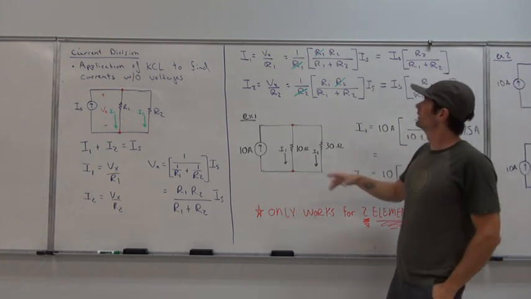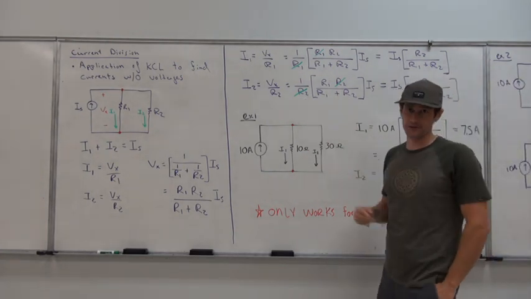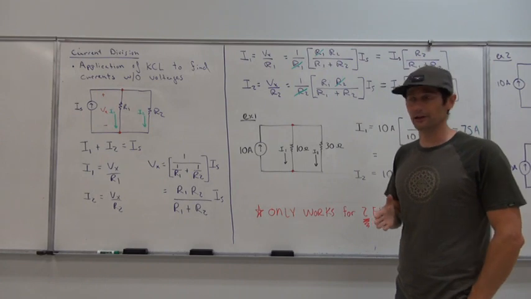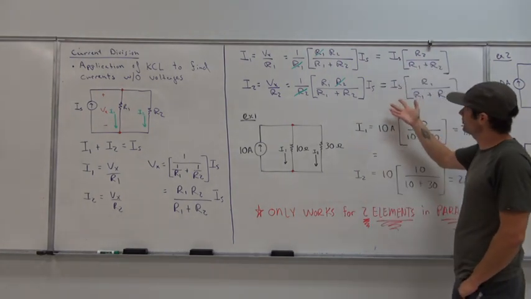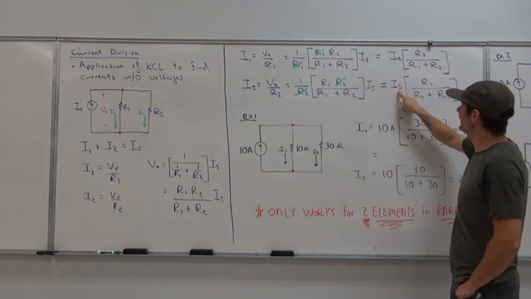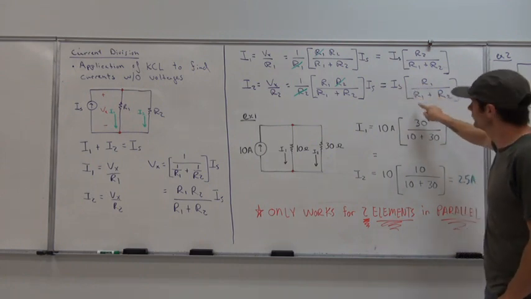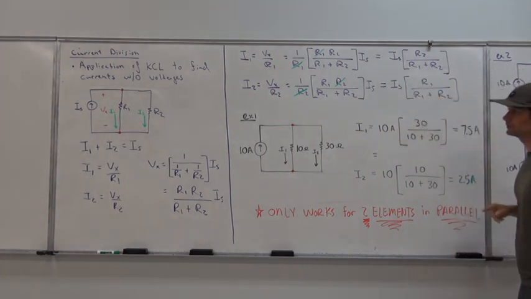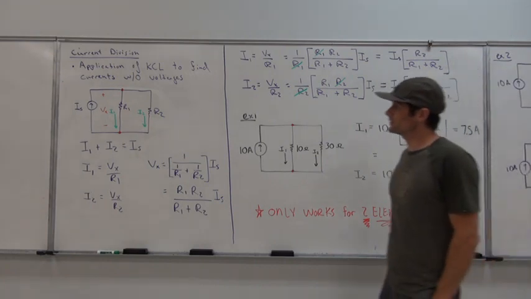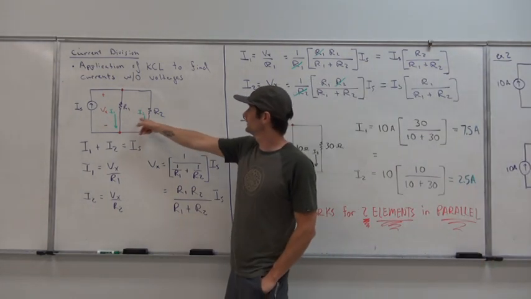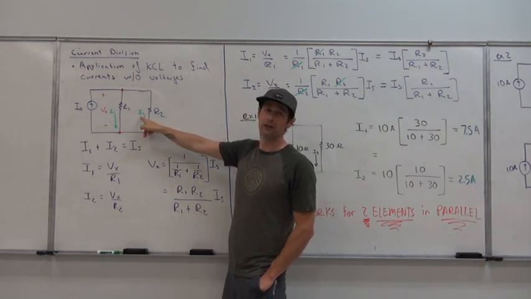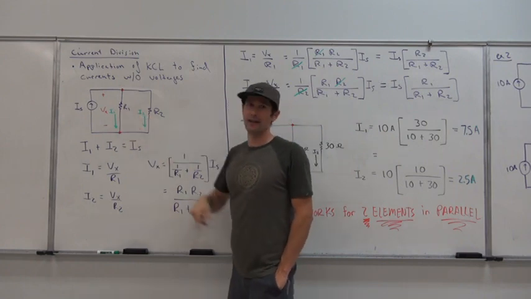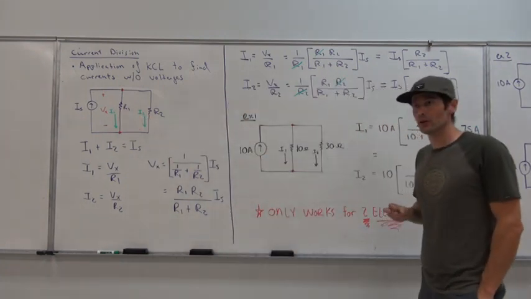Here, R2 cancels out in the numerator and the denominator. And when we rearrange the equation, I2 is equal to IS times R1 over R1 plus R2. And sure enough, if we concern ourselves with the current I2, then what goes in the numerator is the opposite resistance, R1.